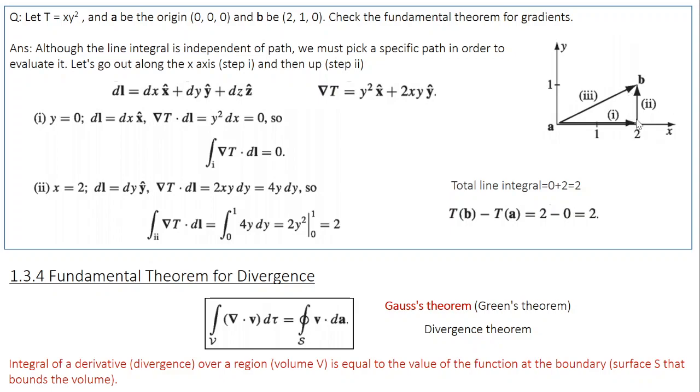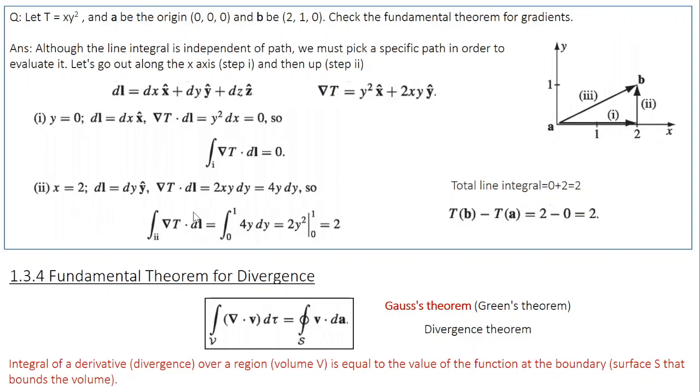Now for the vertical segment, as you can make out, there is motion only along the y direction. The value of x is constant, x equal to 2. Since there is motion only along the y direction, the displacement vector dl will have only the y component, dy y cap. Now grad T dot dl is 2xy dy, and with x equal to 2 this becomes 4y dy.